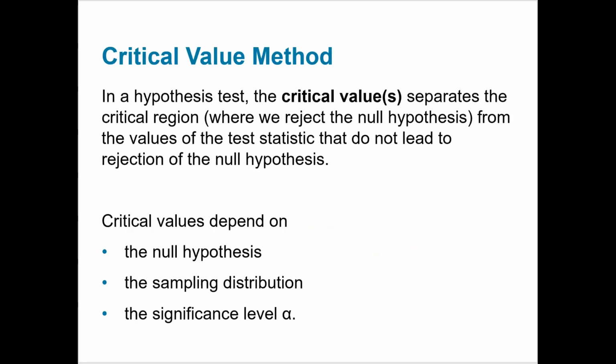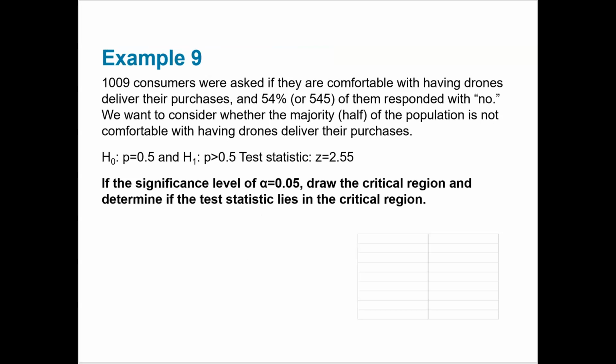The critical value is the value that separates the critical region from the other values, and then we would determine if the test statistic is within that critical region. So we have the same thing here. They give us the significance level this time. They want us to draw the critical region and determine if the test statistic lies in the critical region.